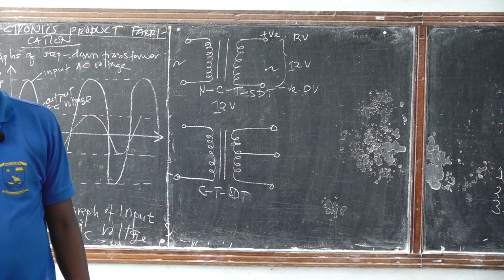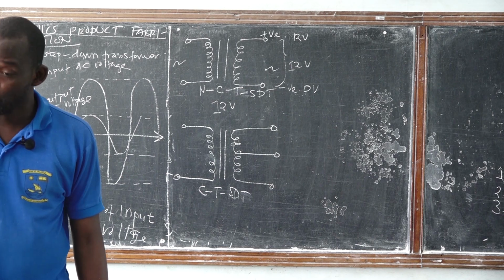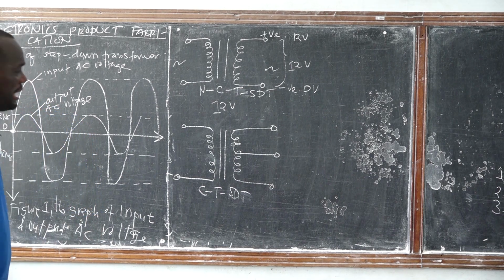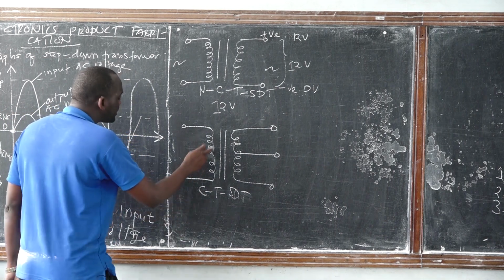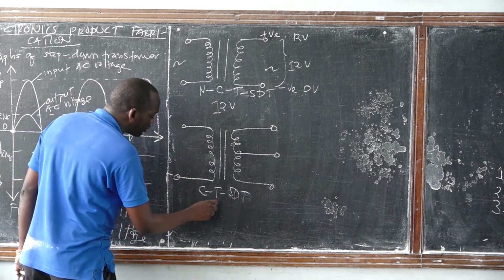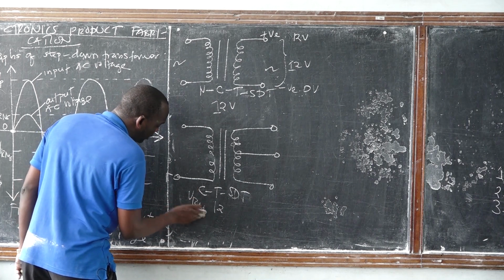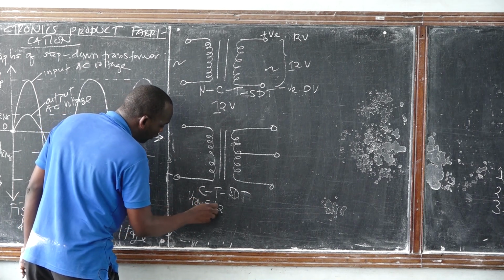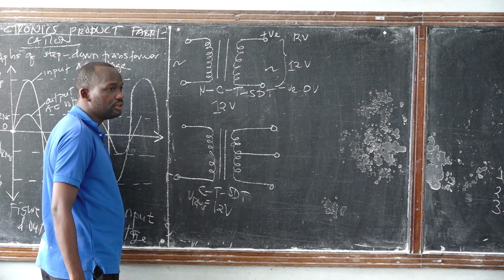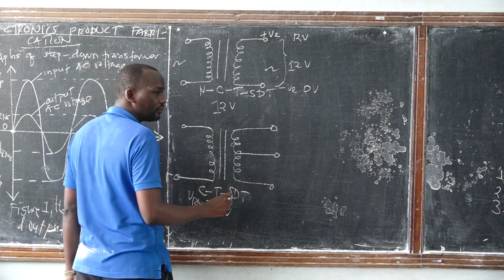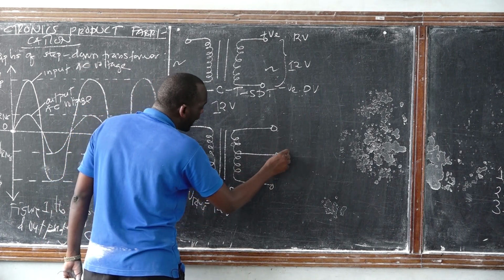Listen and watch. For this case, if you find a center tapped step-down transformer, it has been written that it provides a root mean square voltage of 12 volt. What does it mean? This is the meaning. If we measure, this one will be acting as 0 volt.